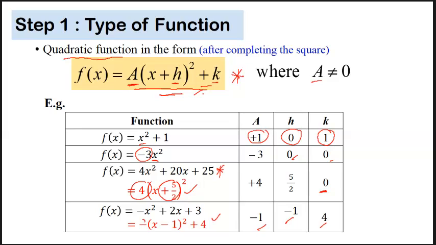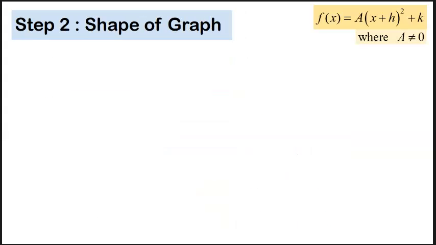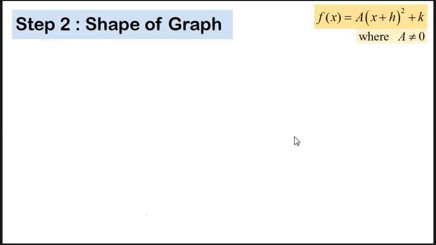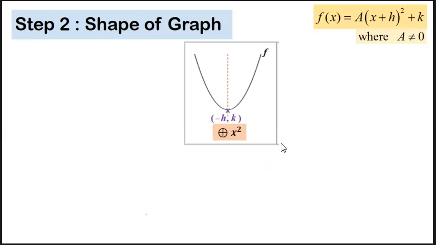Next, after we have the form like what is stated here, the next thing we want to do is determine what type of shape the graph has. In quadratic functions, we have the graph in the shape of a smiling face when the coefficient of x squared happens to be a positive value.